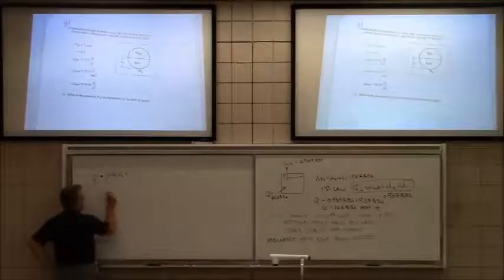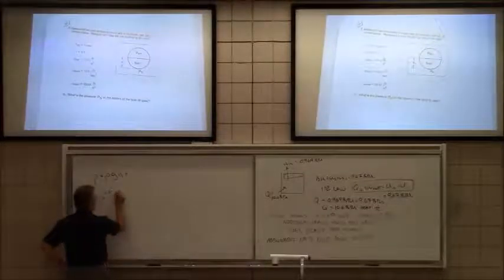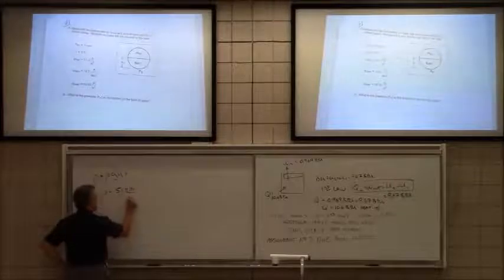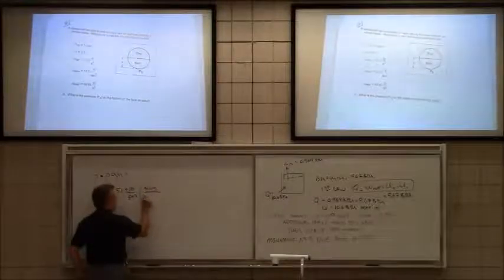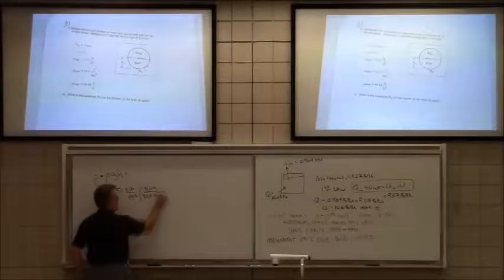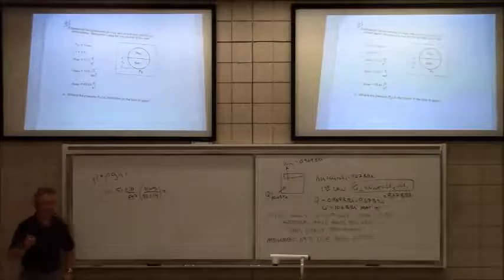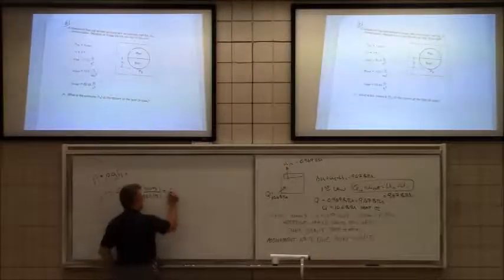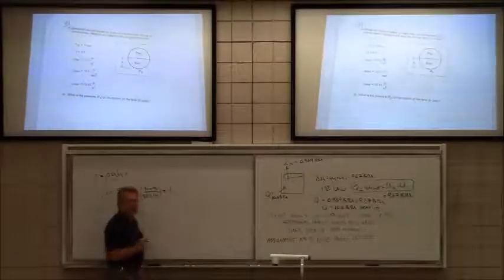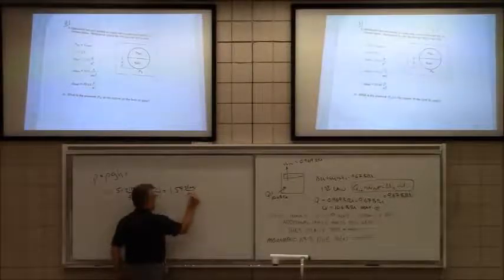So the density here is 51.2 pounds per foot cubed, but if I multiply by our conversion factor, slugs over 32.2 pounds, what do I get? 1.59 slugs per foot cubed.